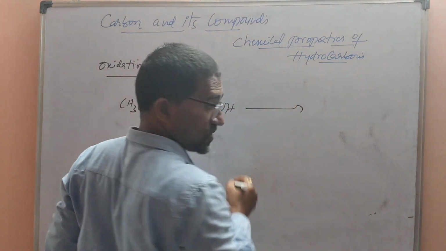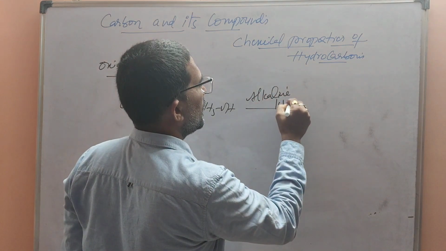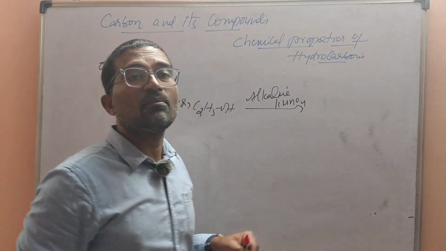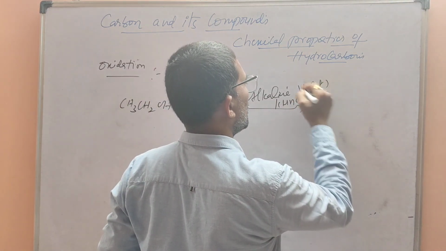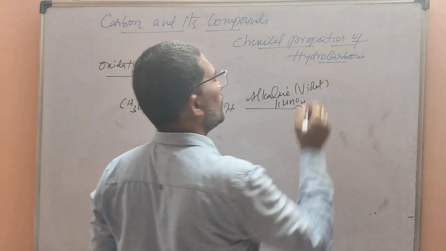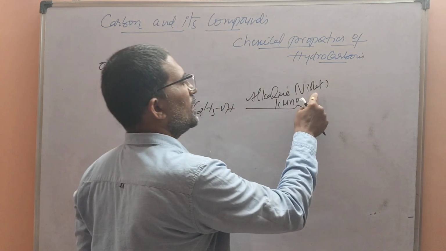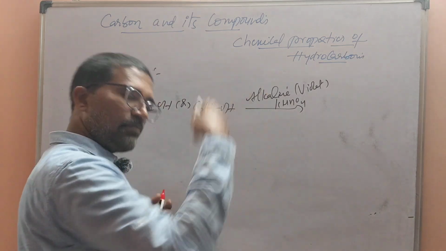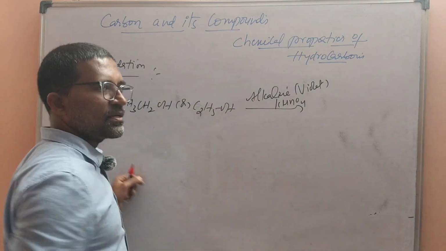In this case, we have alkaline KMnO4. The color of alkaline KMnO4 is violet. So this violet alkaline KMnO4 is added. The entire process is the same, but the color variation is observed.